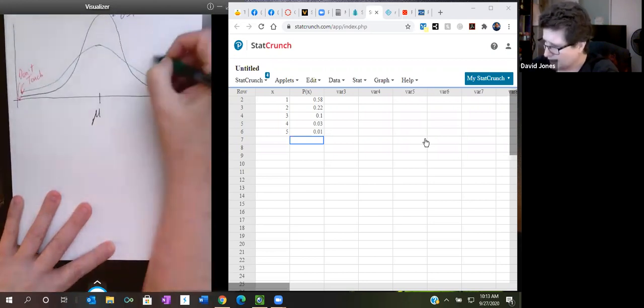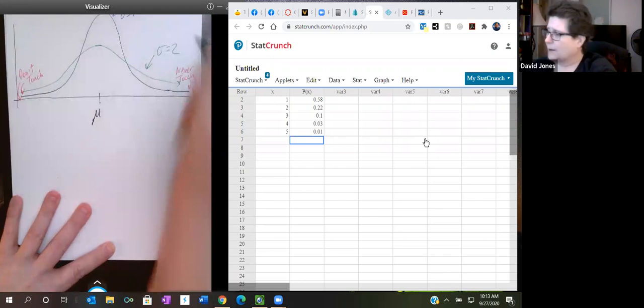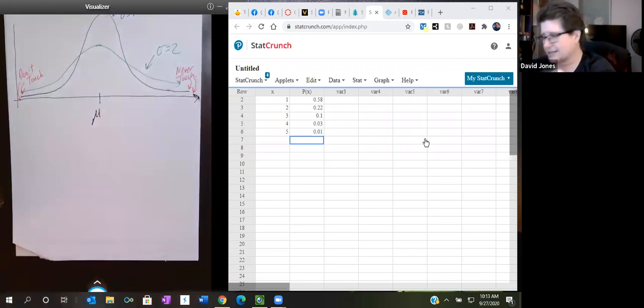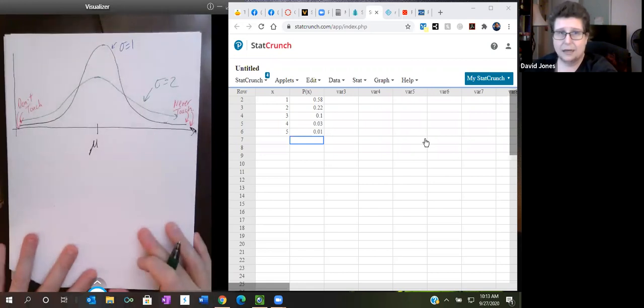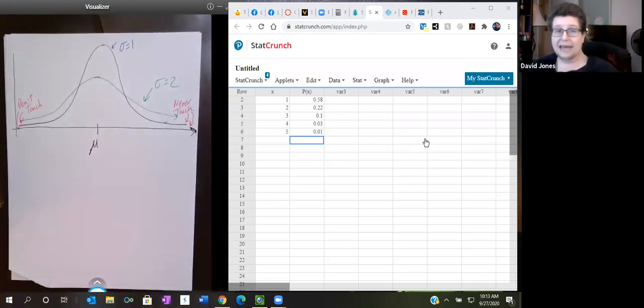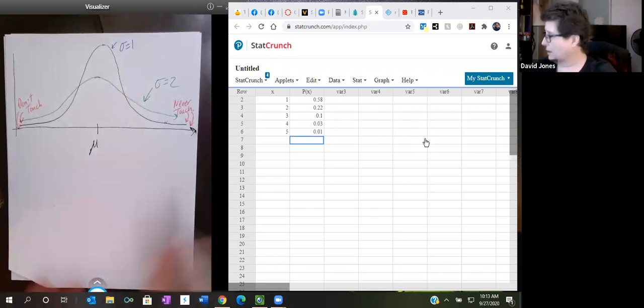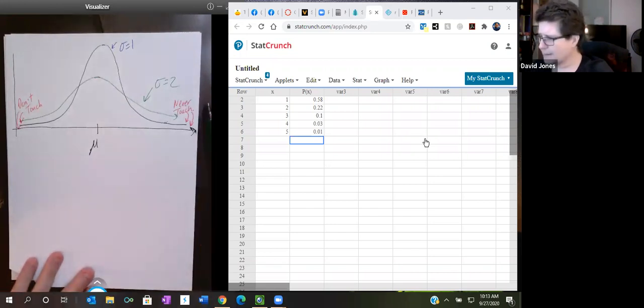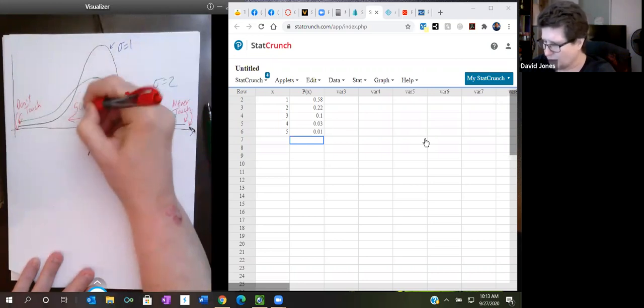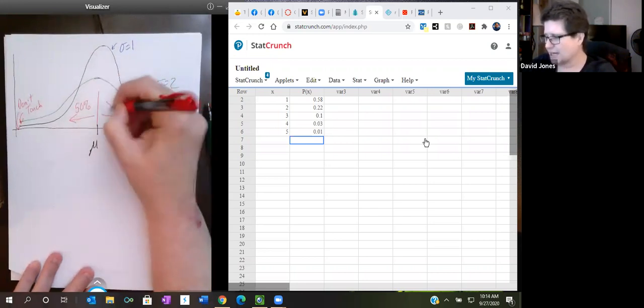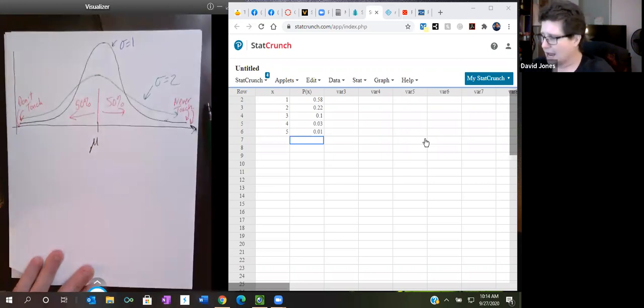That might be something like sigma equals 2. So if the center gets shorter, there's less near the mean, then there's got to be more on the edges. The symmetry is saying that direction has 50%, that direction has 50% of the graph, and they look like reflections.